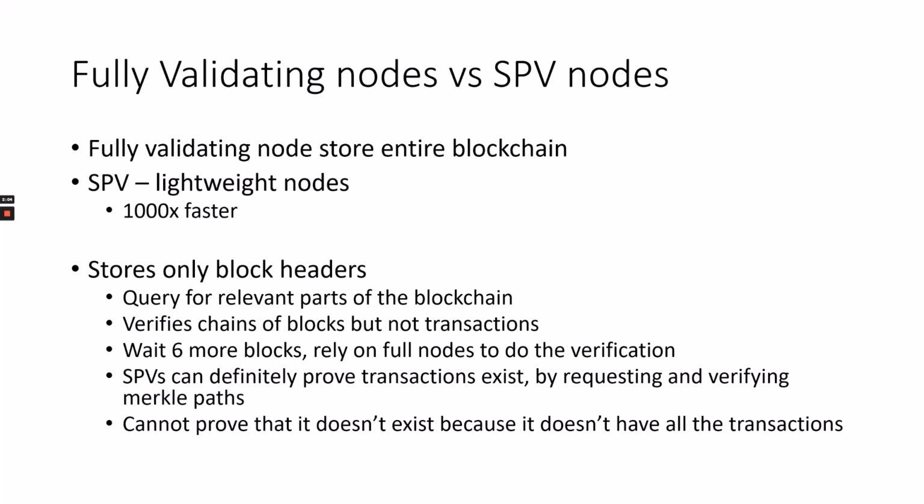And for block verification, what they basically do is they verify through proxy. So they wait it out. Essentially, if you have 6 or more blocks being added to the blockchain after the block that you're currently considering, you can basically assume that this block has definitely been verified, since all the other miners in the network have also built on top of the block that you're currently considering.